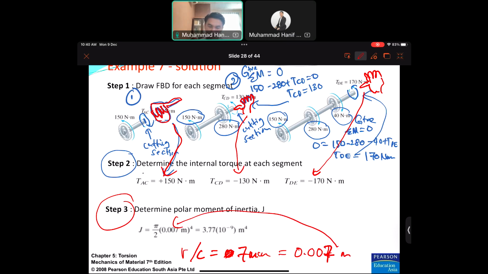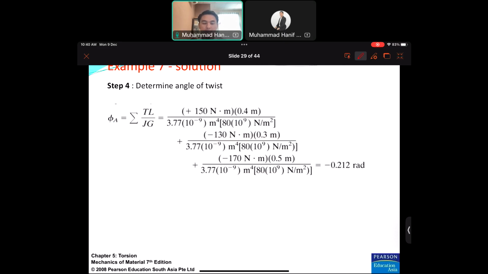Okay, so T we have, J we have, G we have, L we also have. So you can use this formula to get the angle of twist: summation of TL over JG. T should be individual, the T from step 2.